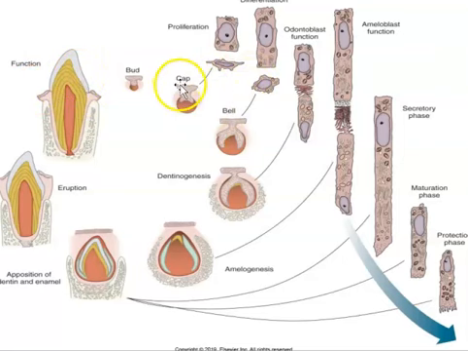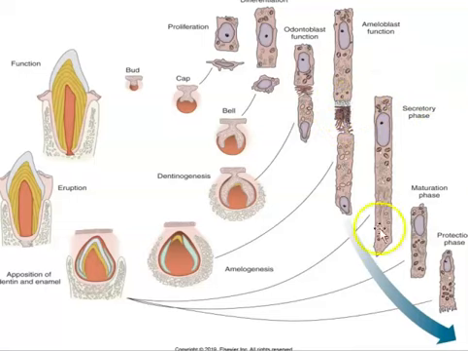This one also says the cap stage allows for proliferation, which means growing, more cells are forming. Bell means differentiation. Dentinogenesis, we get the actual dentin being deposited. Amelogenesis, we can see enamel being deposited right here. So once the dentin is deposited, then the enamel.